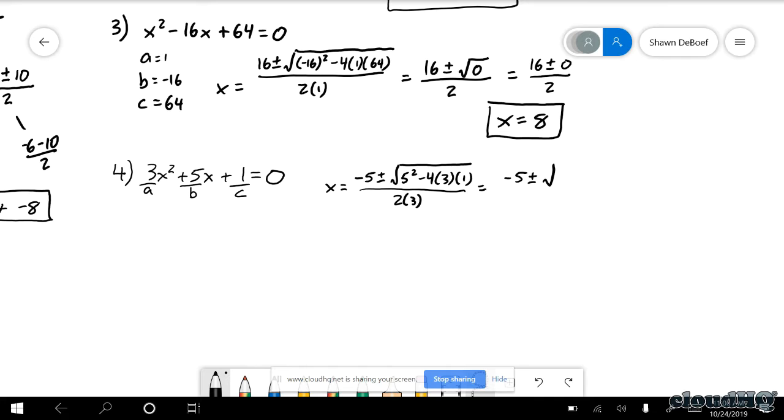We get 25 minus 12, because 4 times 3 times 1 is 12. 25 minus 12 is 13. Can that one simplify at all? Well, the square root of 13 cannot simplify, and there's nothing else that can be done. So we would stop at that point. There is our answer.